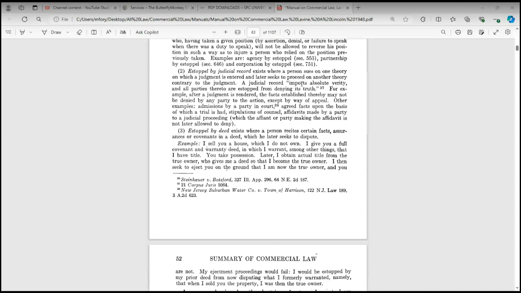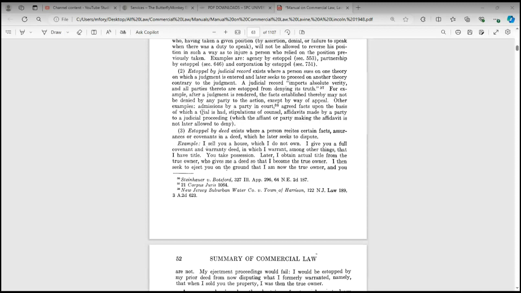A judicial record imports absolute verity, and all parties thereto are estopped from denying its truth. Meaning what you said earlier, outside of provable facts to the contrary that you lied or misled or something, those are facts. For example, after a judgment is rendered, the facts established thereby may not be denied by any party to the action except by way of appeal.